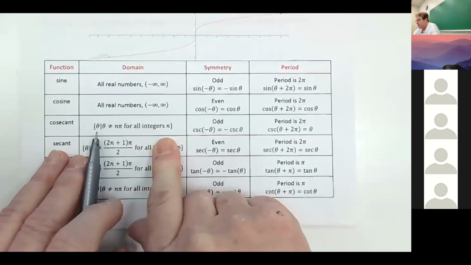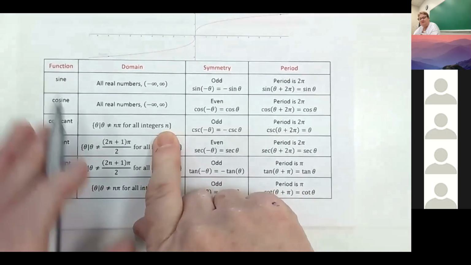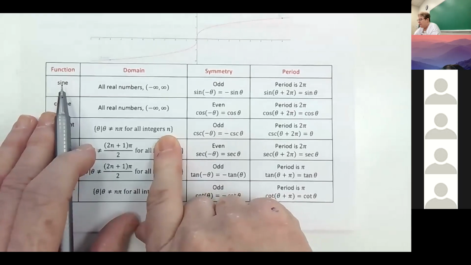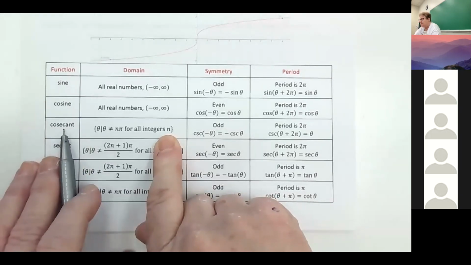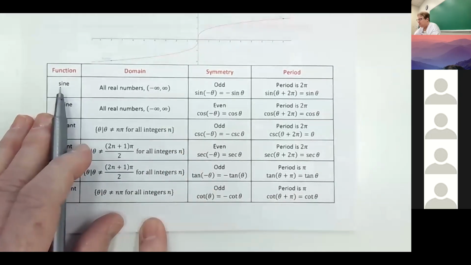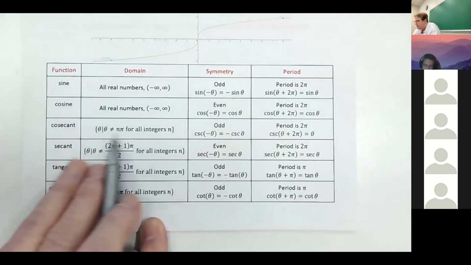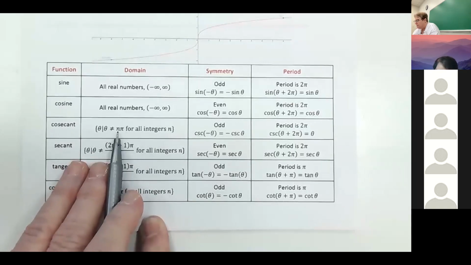Cosecant, since cosecant is the reciprocal of sine, every time sine is 0, the cosecant is not defined. Well, sine is 0 at every multiple of pi. So the cosecant isn't defined at every multiple of pi.